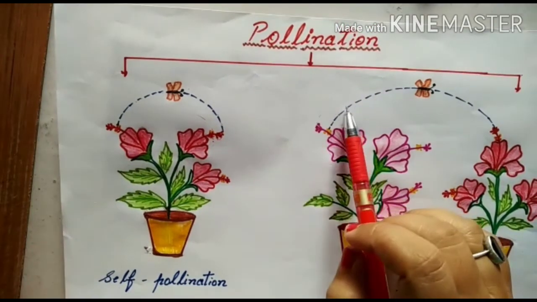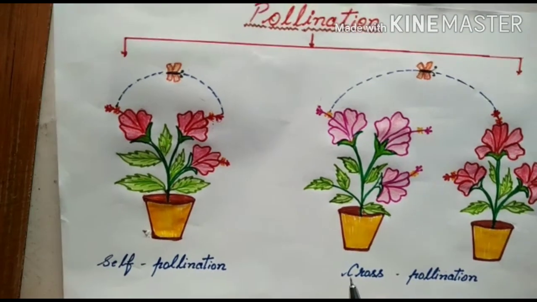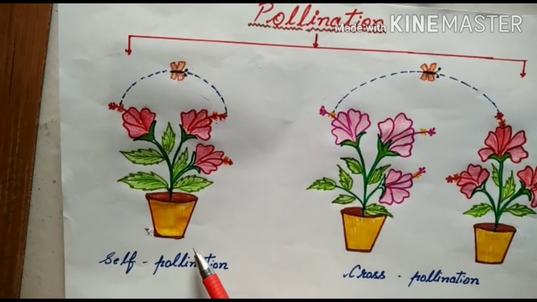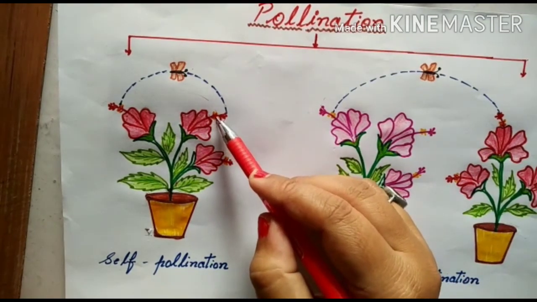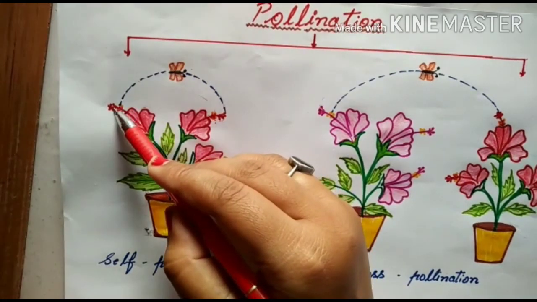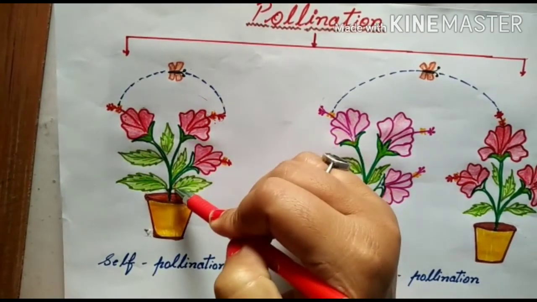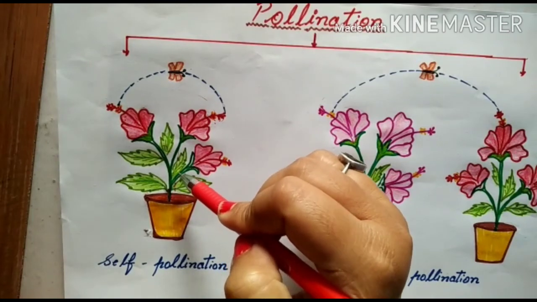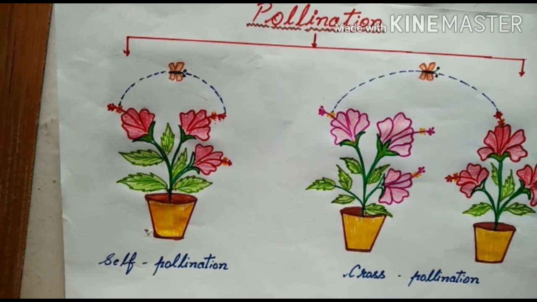Types of pollination. There are two types of pollination, self-pollination and cross-pollination. So what is self-pollination? If the transfer of pollen grains from anther of one flower to the stigma of another flower of the same plant. Plant is same. So of the same plant, it is known as self-pollination.